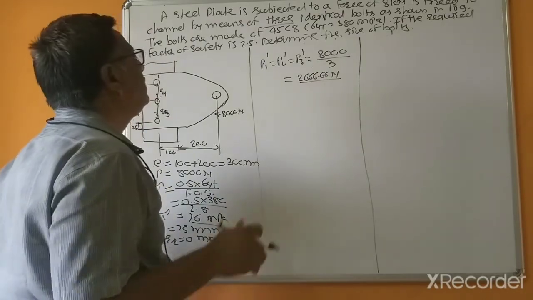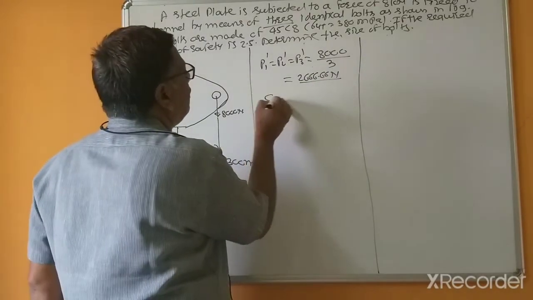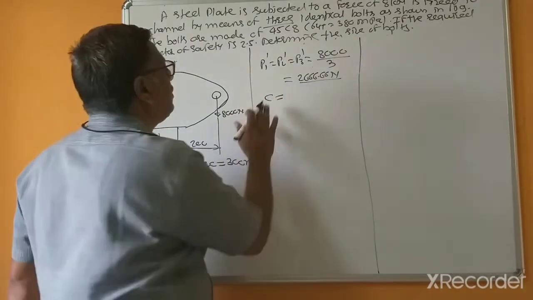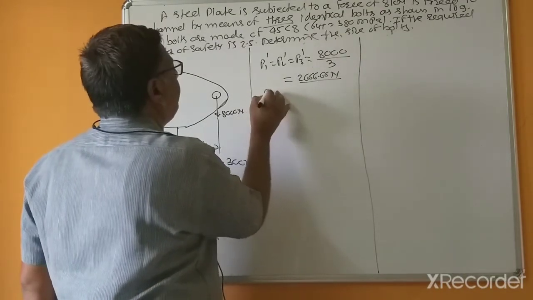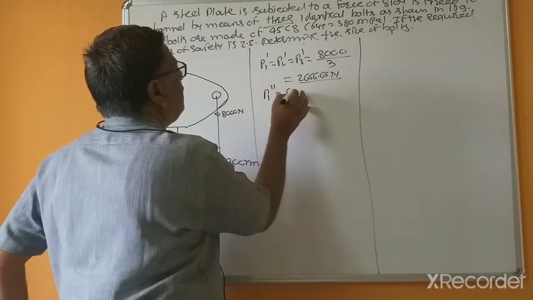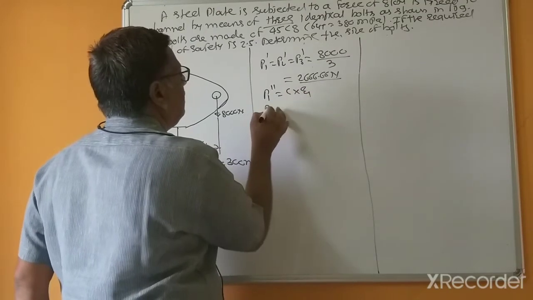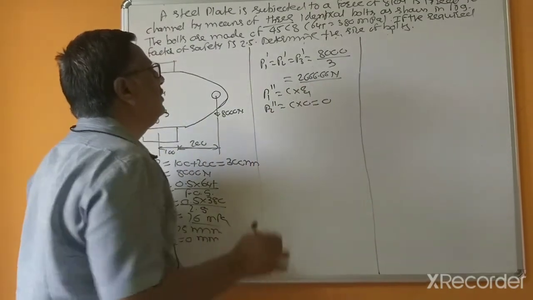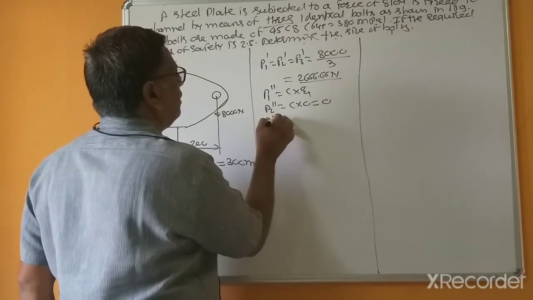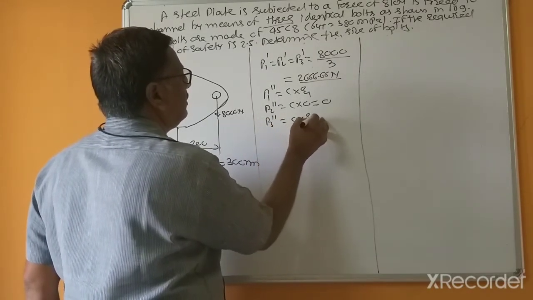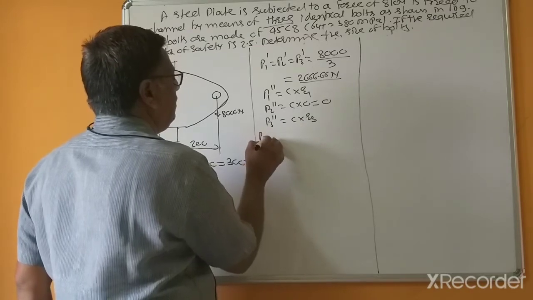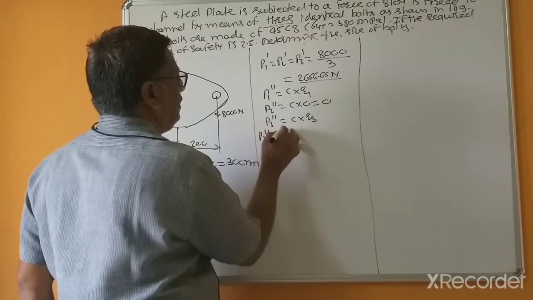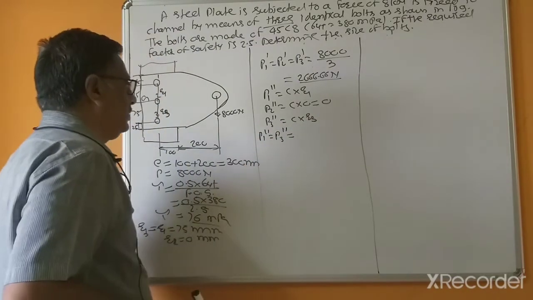And what is next? Calculate the value of C, because P1 double dash equals C into R1, P2 double dash equals C into 0, which is 0, and P3 double dash equals C into R3.